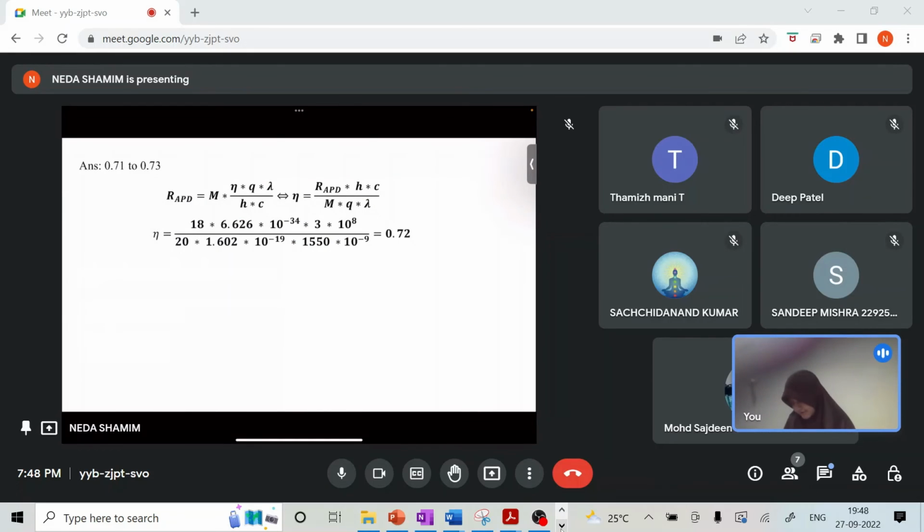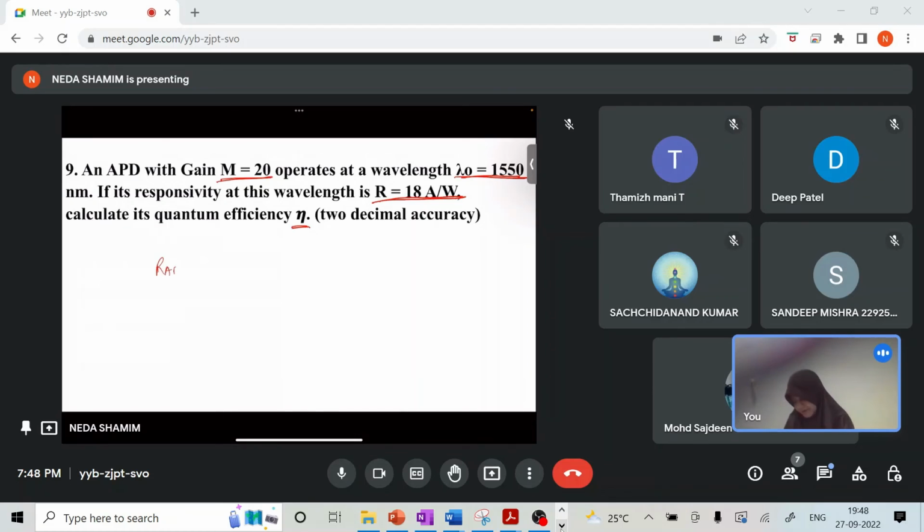So, as I said, R APD is equal to M times R PIN, and that will be M times eta e by h nu, that is eta e lambda by hc. Am I missing out anything? No. So from here you can find the eta.